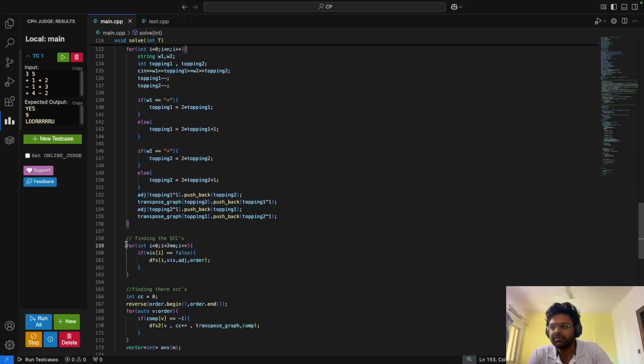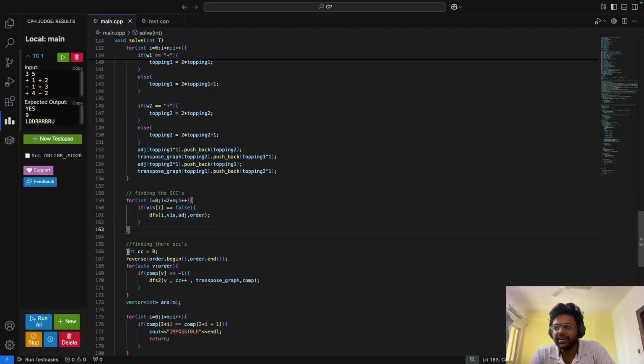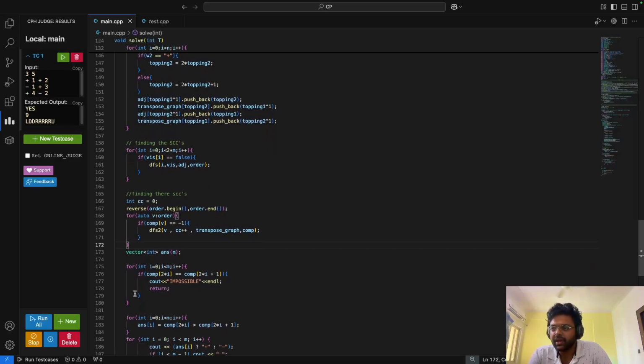Then we are finding the strongly connected components using the DFS, and then we are checking whether the strongly connected component exists. We are giving each node the strongly connected component it belongs to, and then we are checking if I and negation of I lie in the same component.